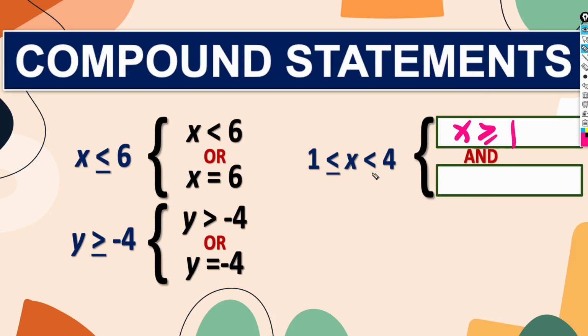No? And, sabi, x is less than 4. Kaya lang take note, ito actually, we can still break this down further into, what would that be? X is greater than 1 or x is equal to 1. O, di ba? If you want it to be simpler, further by one step, no, you can break it down as such. Right?